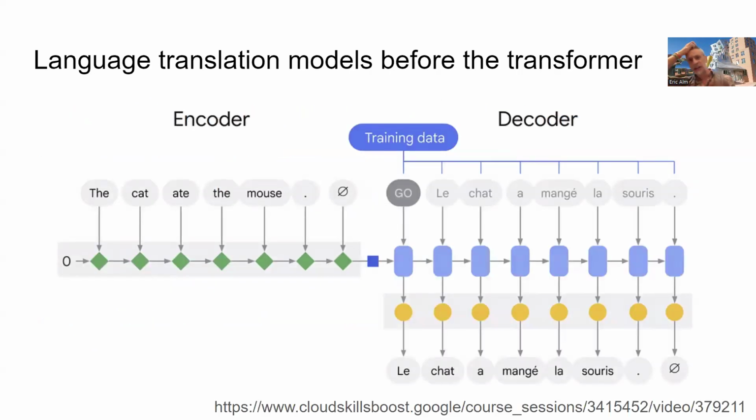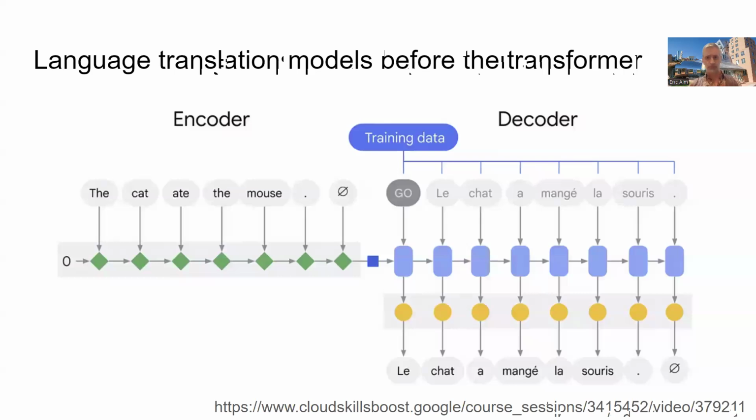Okay, so to understand the transformer, let's go back a few years before. I think 2017 is when the main paper describing transformers was first published. And let's look at what people were doing at that time.